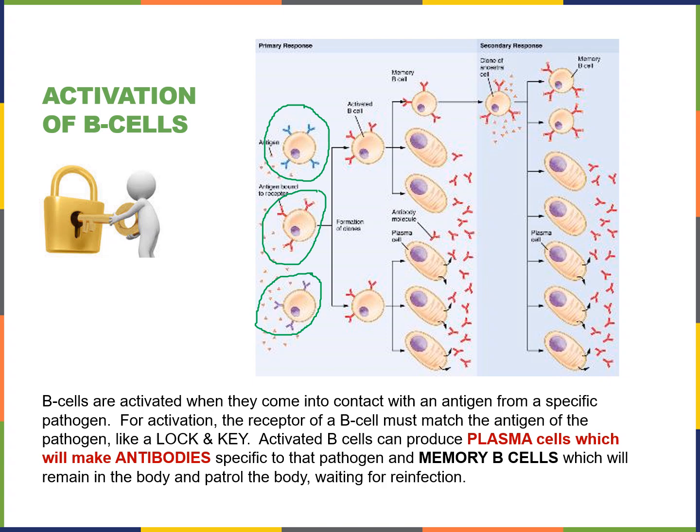So this one, let's say it's making antibody to the flu virus. This one is making antibodies to COVID. This one is making antibodies to measles virus. Every B cell only makes antibodies of one specificity, meaning the antibodies can only bind one specific antigen.